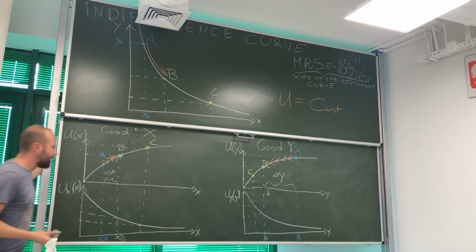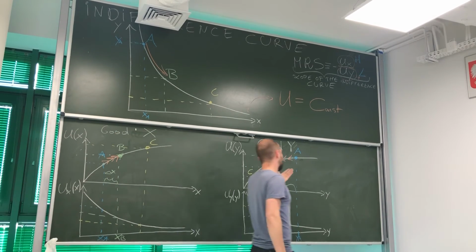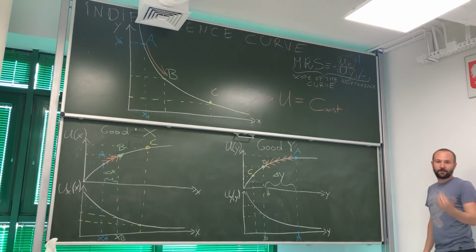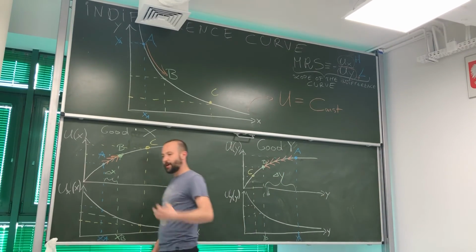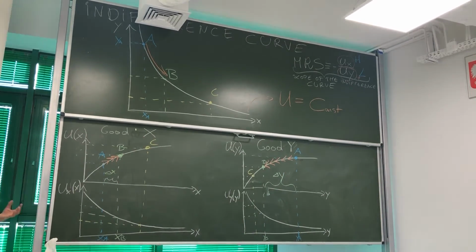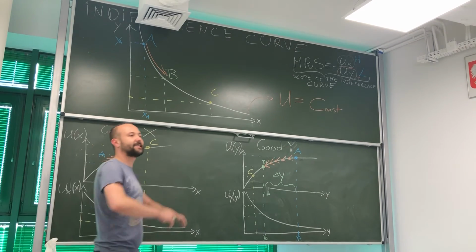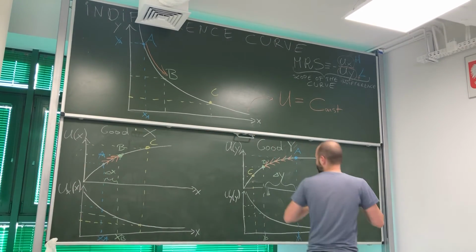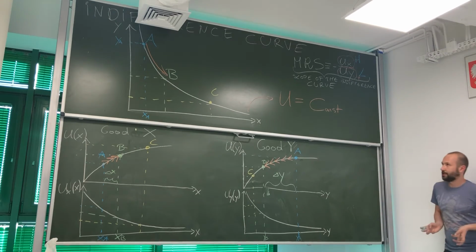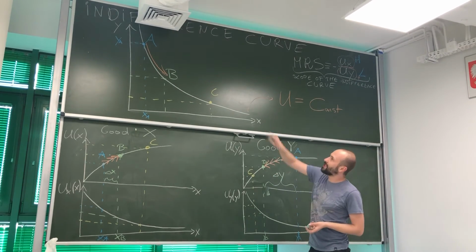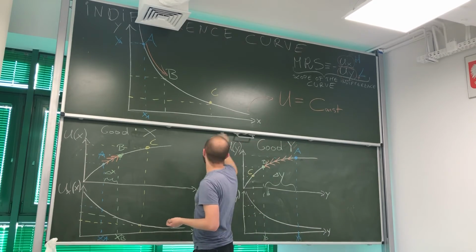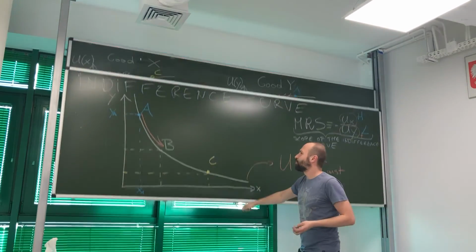Look, it's because the customer had a lot of Y, a little of X. So was willing to give up a lot of Y for a little of X and still had exactly the same total utility.